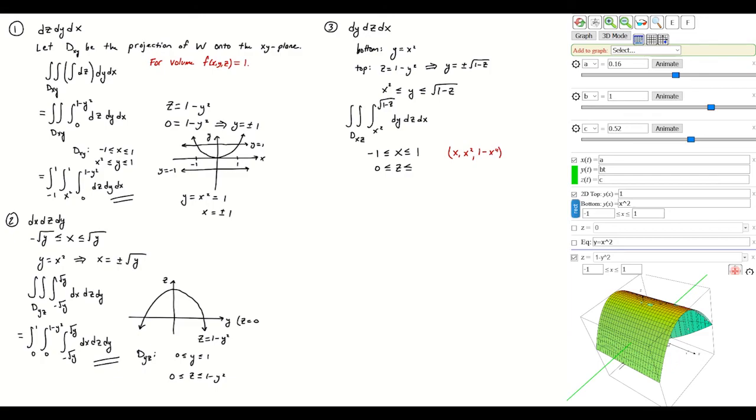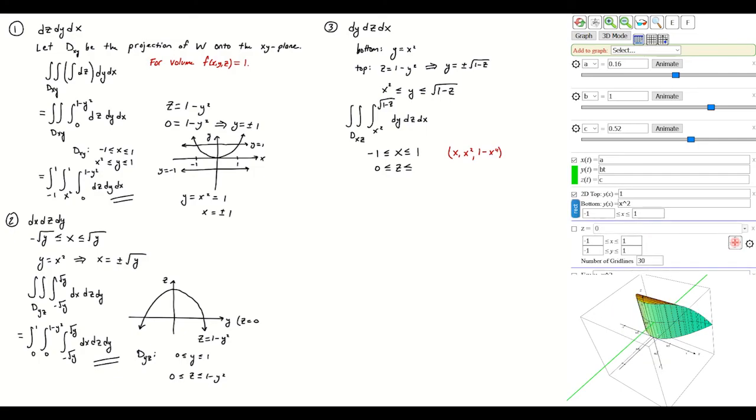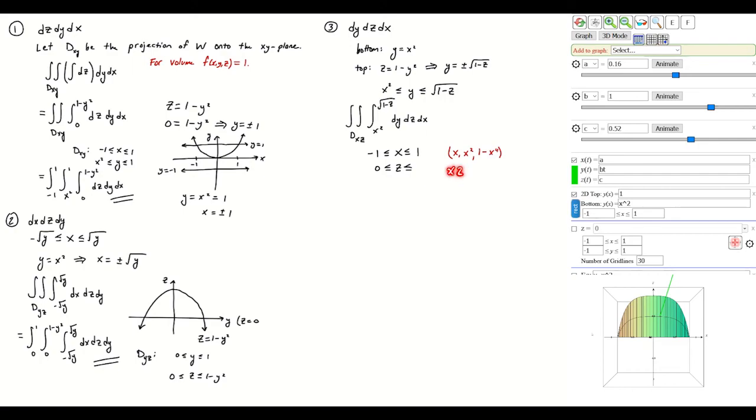If we are viewing this from above the xz plane, whose equation is y equals 0, we want to express that upper curve. So we take the y coordinate of our point and make it 0.